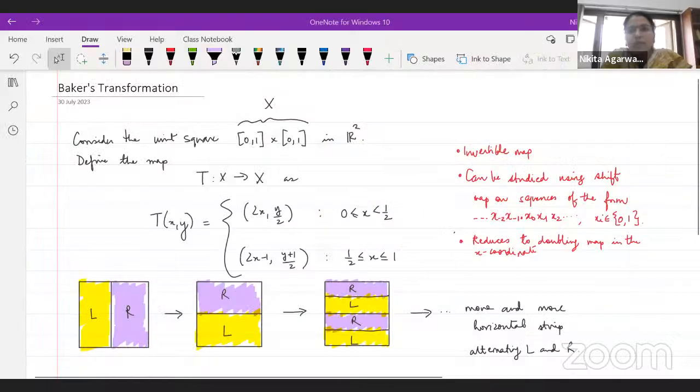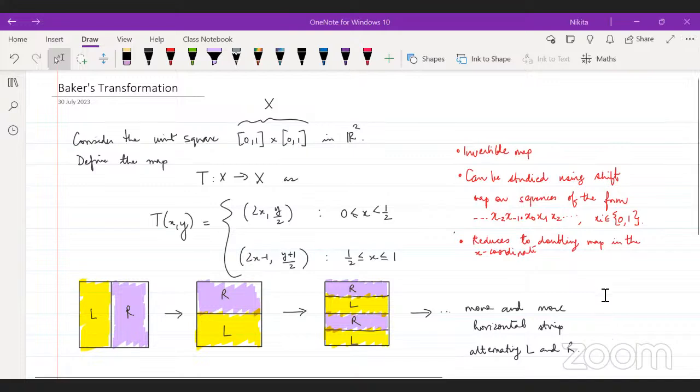So let me share my screen, my writing pad with you, and I have this slide where I explain what it is. Okay, I hope my screen is visible to you. Yes, ma'am, it's visible. Okay, good.